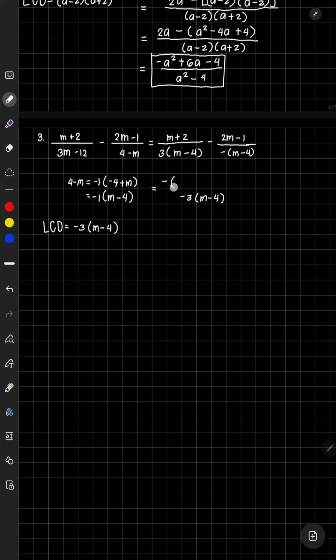So we have negative times m plus 2, so minus, so this one, negative 3 times m minus 4 divided by negative m minus 4 would be positive 3 times the numerator 2m minus 1. So positive 3. So the negative here is the minus in this operation. So we have 2m minus 1.